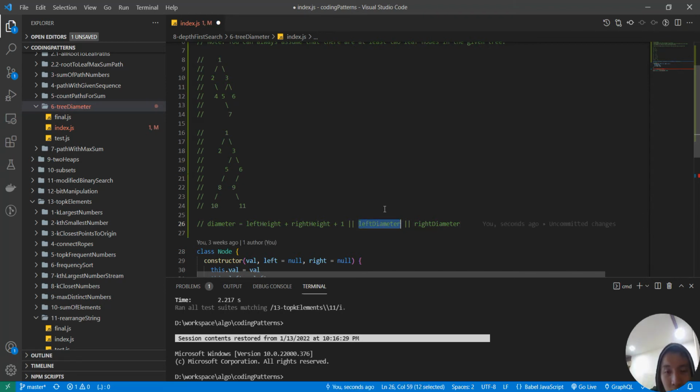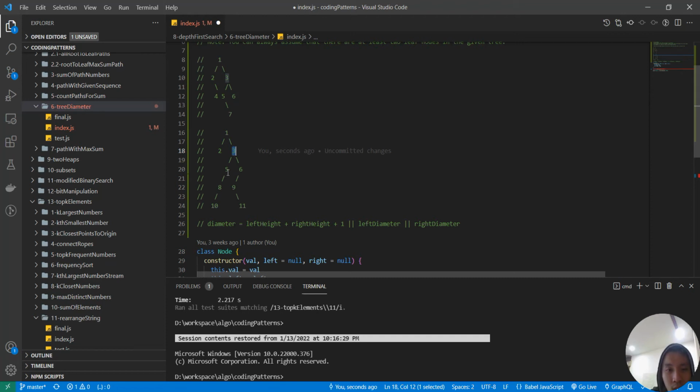Again, here is the diameter of one node, the root node. For example, the right diameter is when we consider the root node as 3. So at node 3, we again ask the same questions.